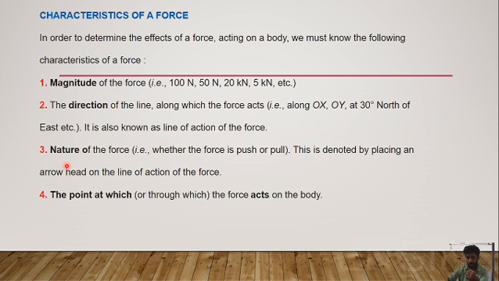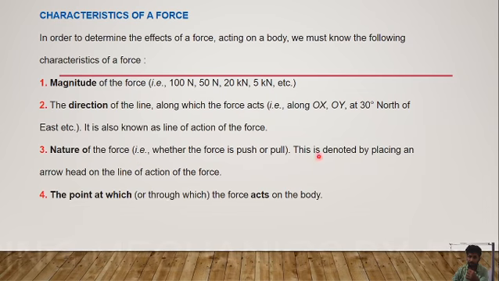If the second person tries to pull, the cycle will experience it and is going to stop. If the person pushes, the cycle will experience an extra force and its speed will increase. That is the third thing, nature of the force.